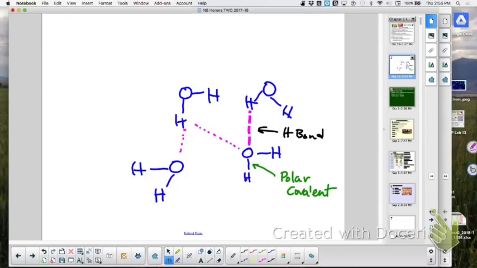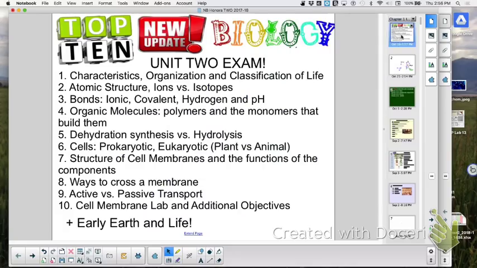Now, we talked about the properties of water. So if you look back at our list, ionic, covalent, hydrogen, pH. pH, remember pH? It's the number of hydrogen ions, right? Because it's an inverse log, a low pH is a lot of hydrogen ions and it's a what?